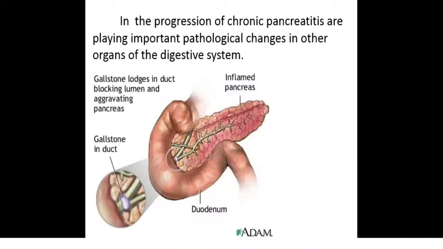In the progression of chronic pancreatitis, pathological change in other organs of the digestive system plays an important role. And very often it is pathology of the biliary system, pathology of the duodenum, and pathology of the stomach.